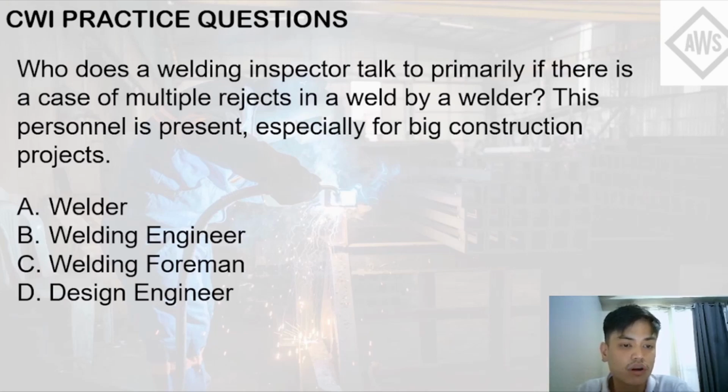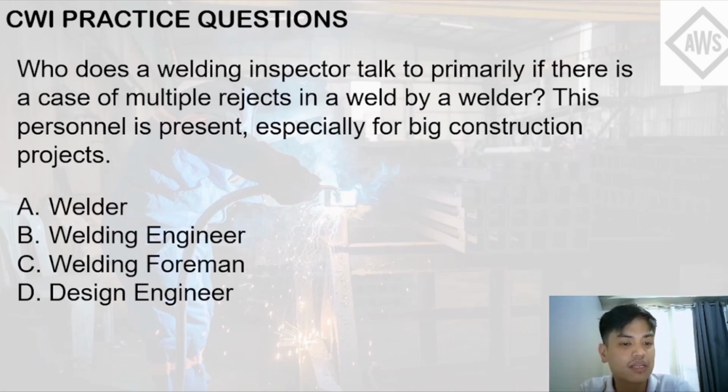Letter C, the welding foreman, is a good answer because the welding foreman is the reporting supervisor for the welder. Basically, he has the rapport and the empathy to talk to the welder in case of multiple rejects and explain to him how he can rectify those defects.